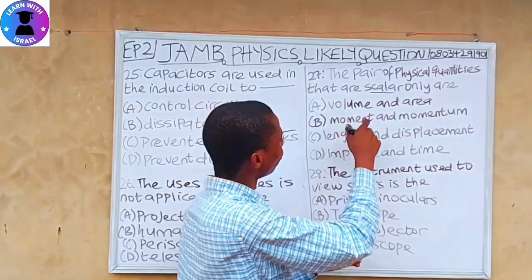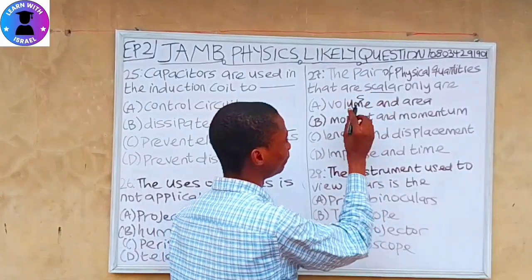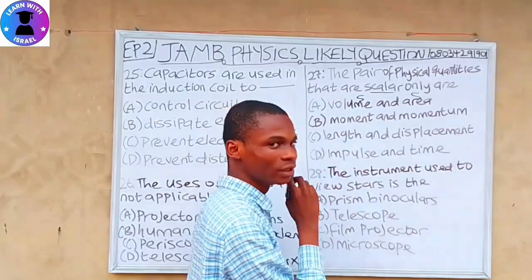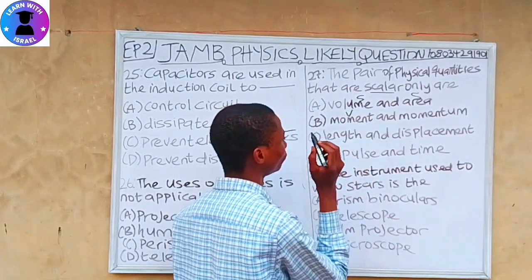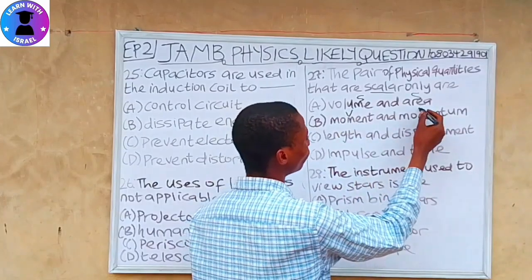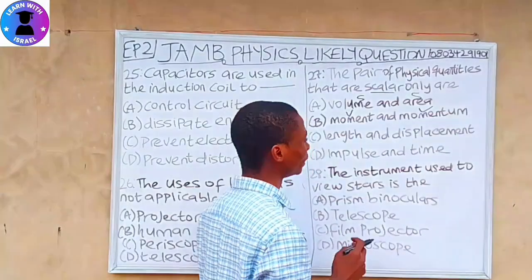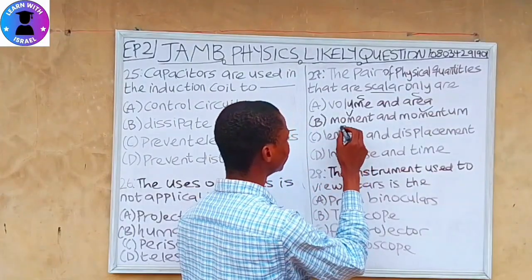So volume is scalar. I'll be representing it as S, while area is also scalar. It has only magnitude but no direction. While moment is a vector, it has both magnitude and direction, and momentum is a vector. Momentum has both magnitude and direction also. Length is scalar only.